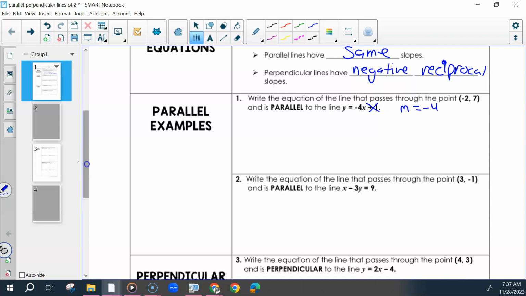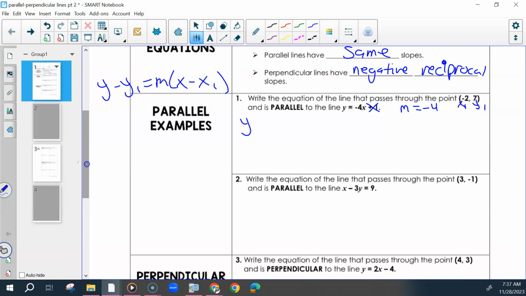So now we have our m, we have our x1, we have our y1. We're going to be using our point slope formula, which I will write again. Now we're going to take all of that and put it into the formula.